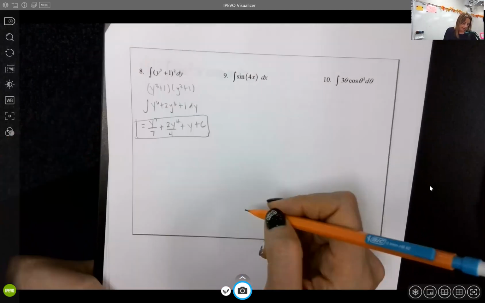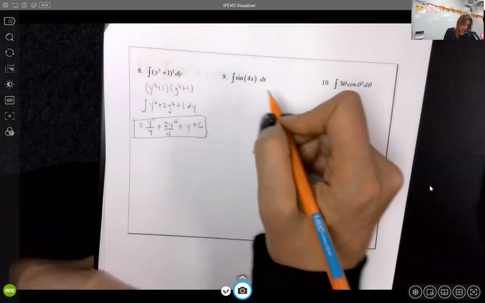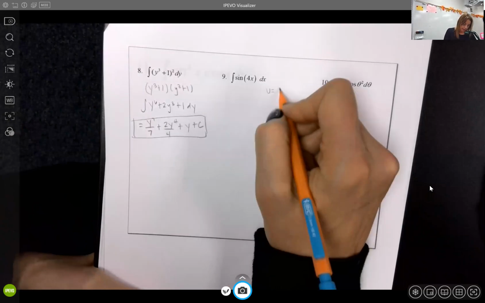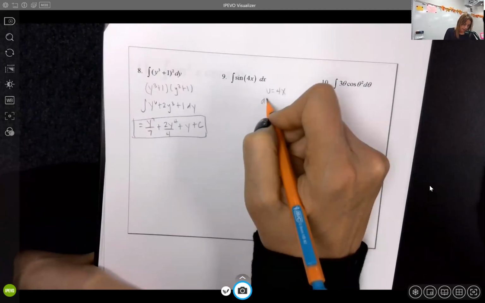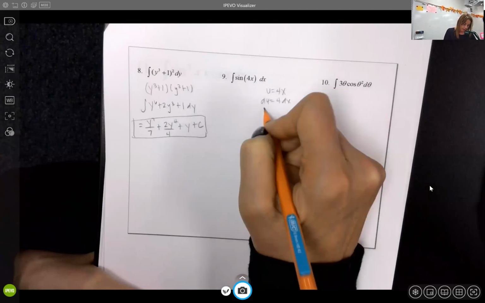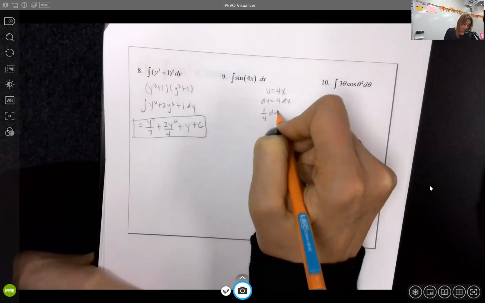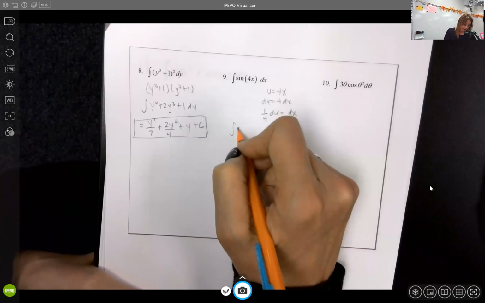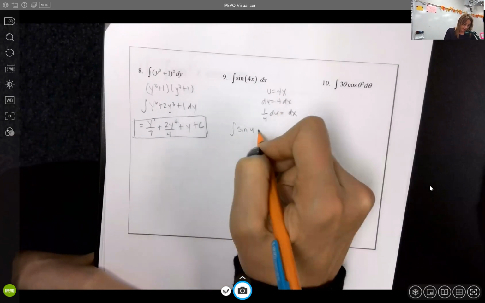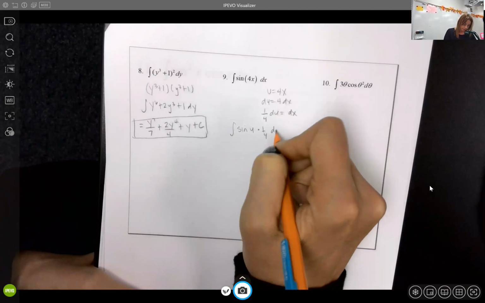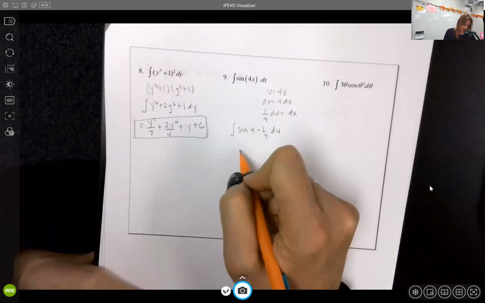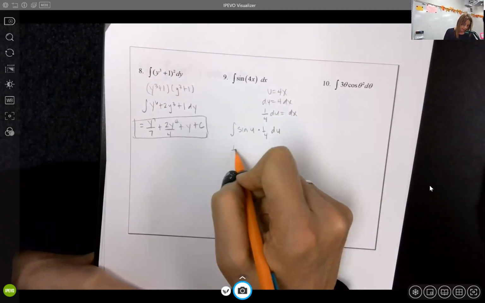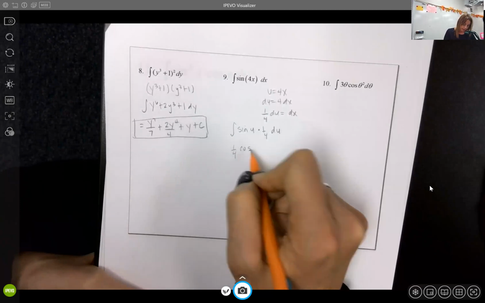Okay, this one is the sine of 4x. So in this case, u is going to be 4x, du is 4 dx, and 1/4 du is dx. So the integral of the sine of u times 1/4 du, and we get 1/4 times the cosine of u plus c.